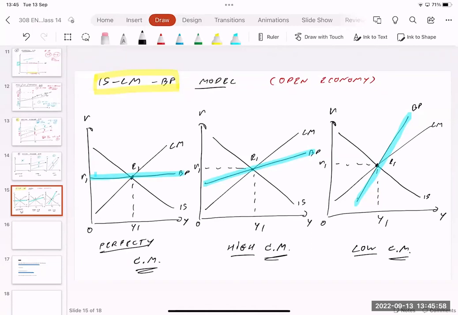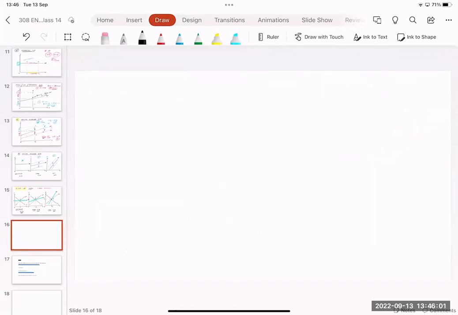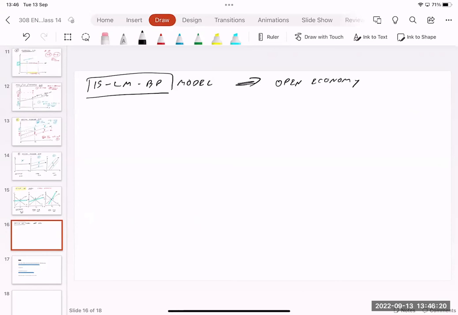That's it. So in conclusion, we have the IS, LM, and BP model, which we can apply to an open economy country.